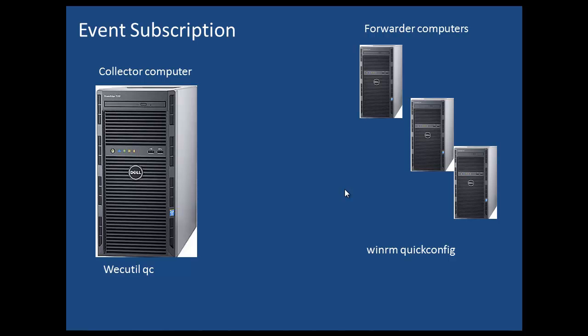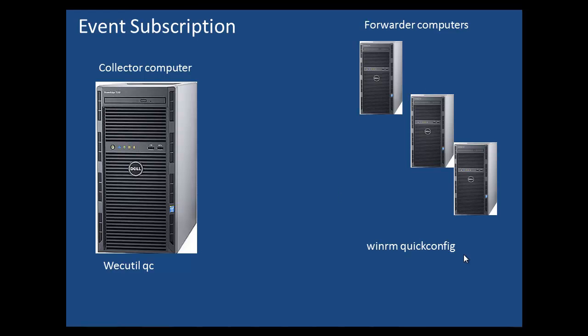We're going to be using two computers, London DC1 and London Server 1. The London DC1 is going to be the source computer, which we refer to as the forwarding computer. And the London Server 1 on the left is going to be the collector computer.